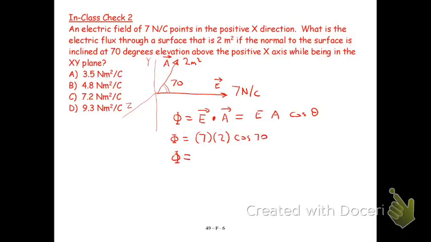So my flux is equal to 14 cosine 70, which is 4.788, 4.79.